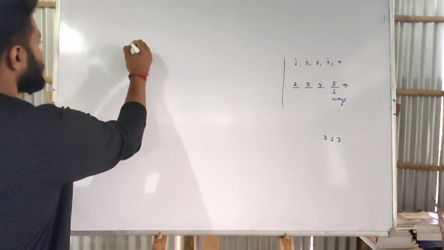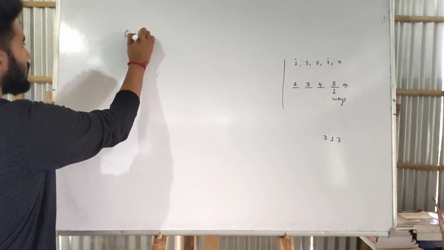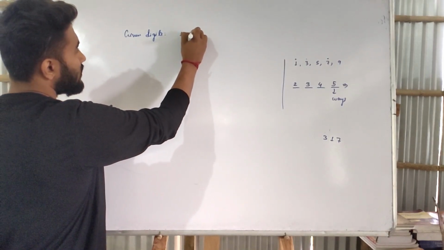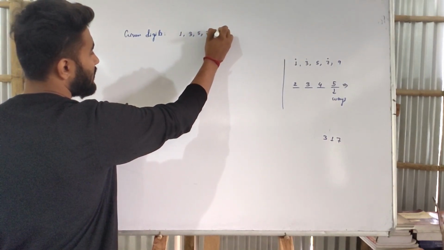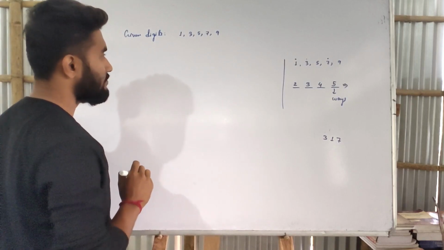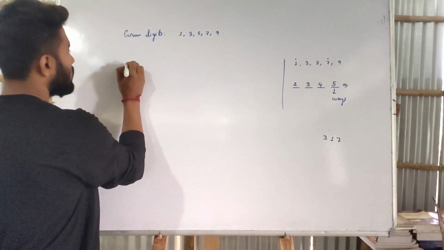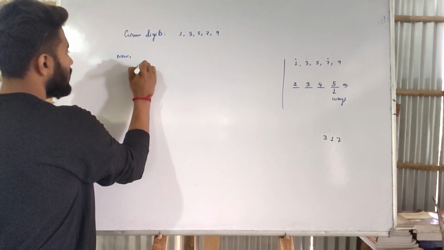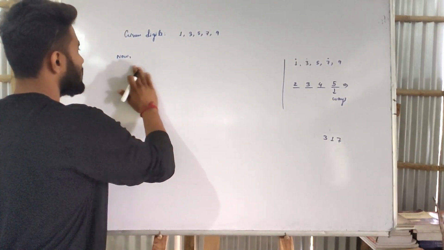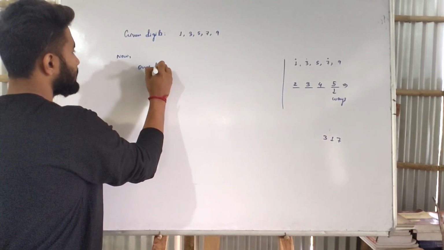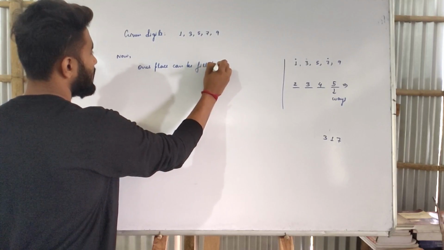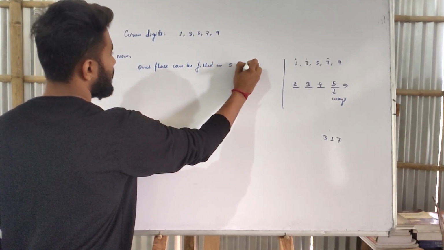So let us start now. Given digits: 1, 3, 5, 7 and 9. How many digits? 5 digits. So now we have to form a 5-digit number, right? Sorry, 4-digit number. So now the unit digit, or ones place, can be filled in 5 ways.